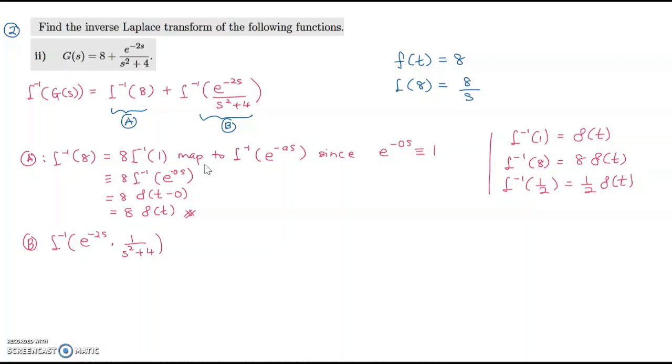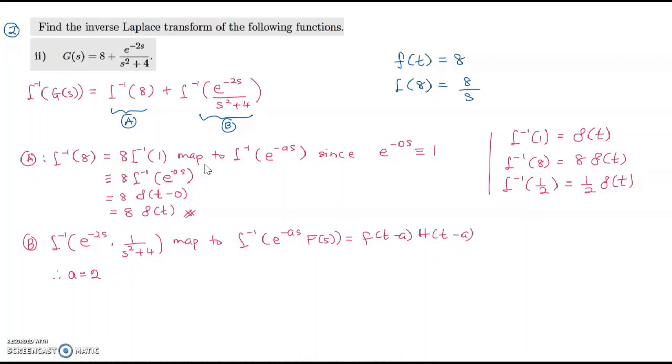So similar to the problem in 1 previously, this one is mapped to the inverse of exponent negative as Fs, which is ft minus a ht minus a. So by mapping what we have to the table, we know that in this case our a is 2.